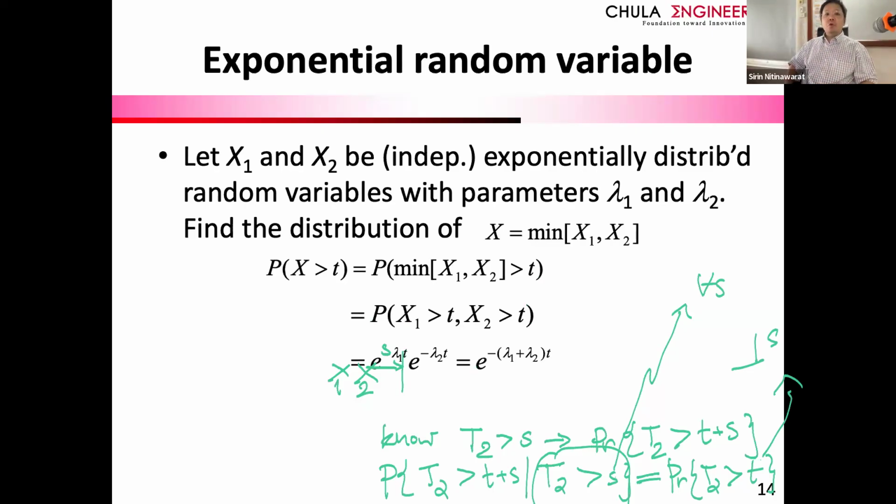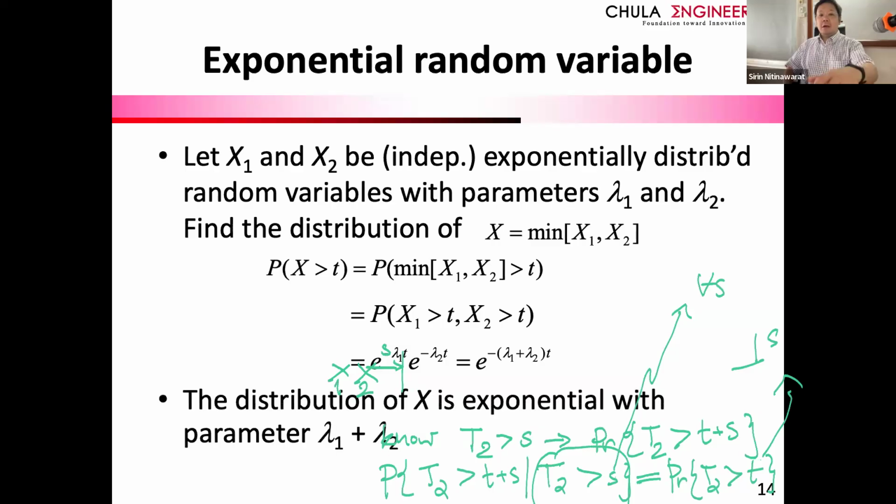If you have two independent exponentially distributed random variables, you take the minimum, you can derive its distribution, and you can see that it is also exponentially distributed with the sum of the parameters.